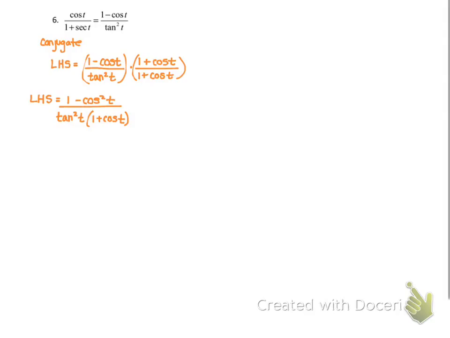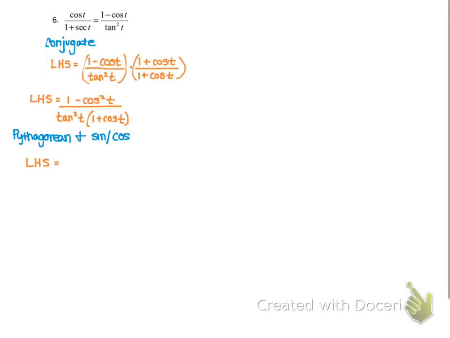So there actually is a Pythagorean identity right here, and I'm actually going to do sine and cosine all in one step. So the numerator is where we have that Pythagorean identity.